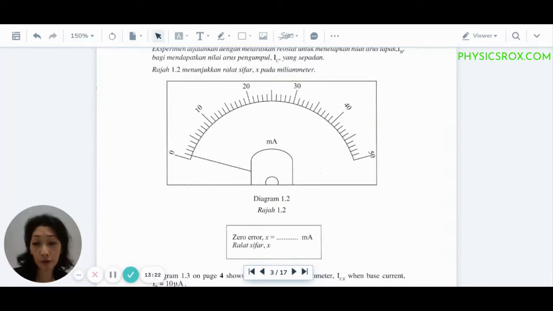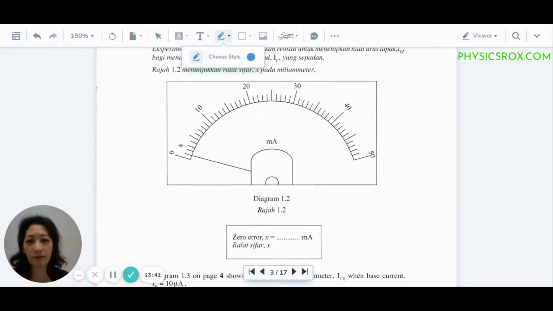I know all of you know how to read the milliammeter, so let's see what the value is. That's right, it's only 1, correct? Because you find that 10 up to here, and there are this many divisions, which means this is obviously 1. So I'm going to use the freehand tool just to make it easier. Let me go faster. So it's 1 milliampere.